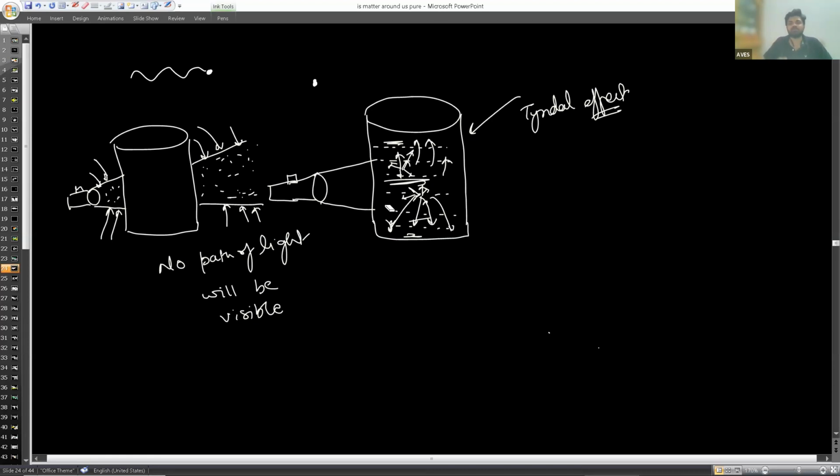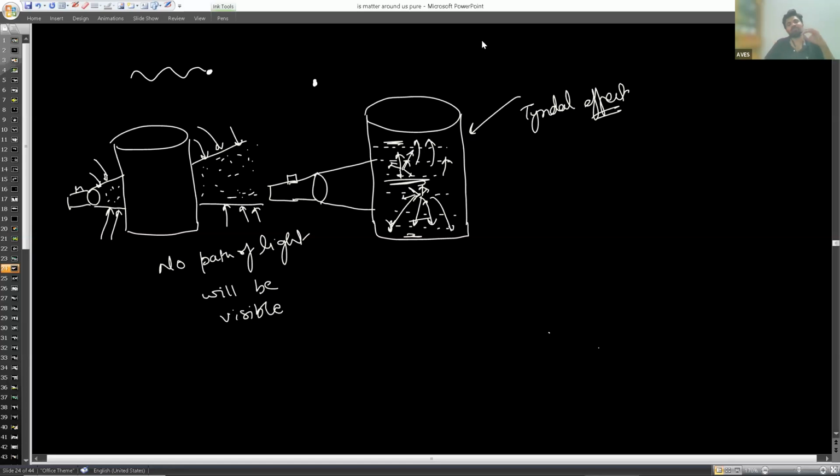You have seen this in a forest: when sunbeams come through the trees, the path of the light is visible because the humidity is very high and a foggy structure is formed. Similarly, you have seen sunlight coming from a window during the daytime, and the path of light is visible.